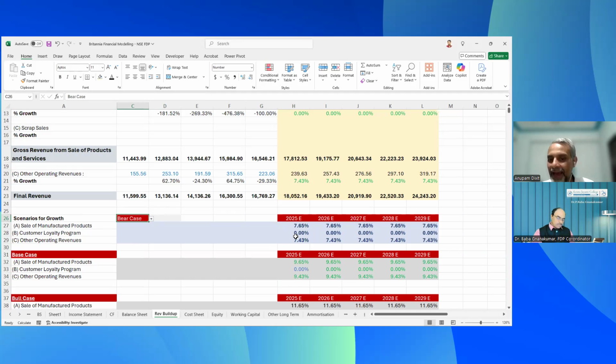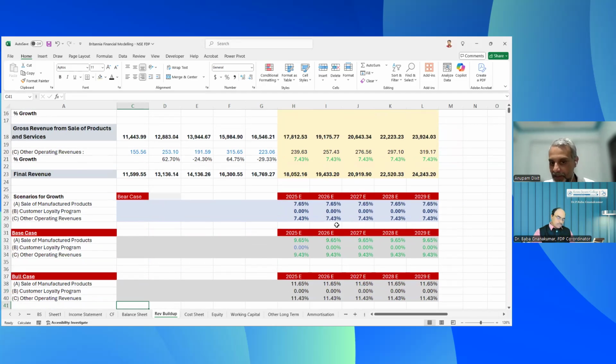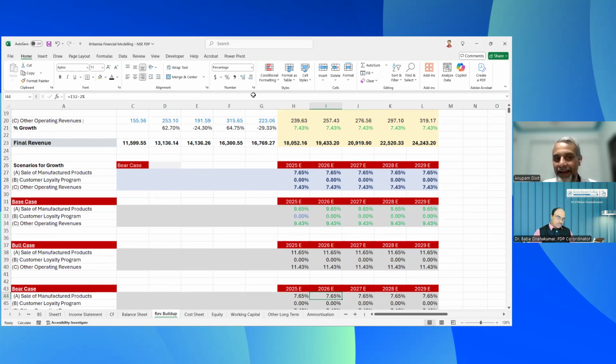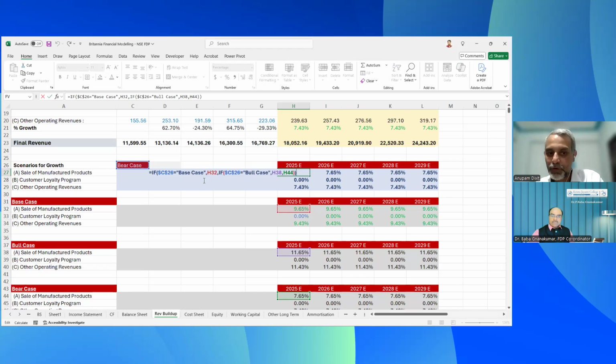Here I have developed scenarios in these three rows, and then used, actually I have not used the if function here. No, I have used the if function here. So a nested if function: if the scenario here is bear case, then take the bear case value. If the scenario is bull case, take the bull case value.